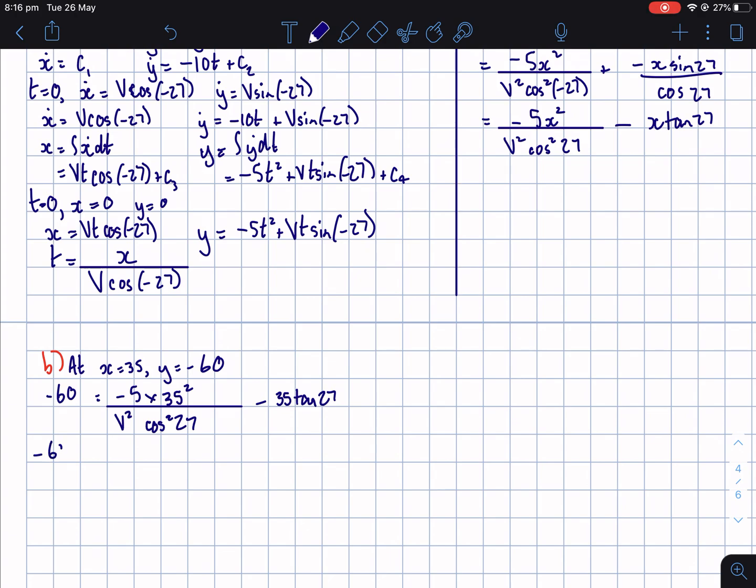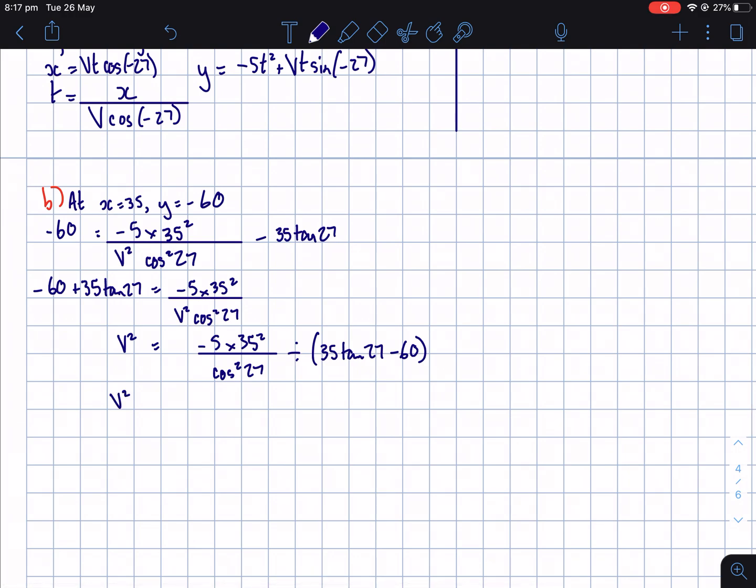So I've got minus 60 minus 35 tan 27, yeah, I'll leave it as it is, equals minus 5 times 35 squared over v squared cos squared 27. So v squared equals minus 5 times 35 squared over cos squared 27 divided by 35 tan 27 minus 60.